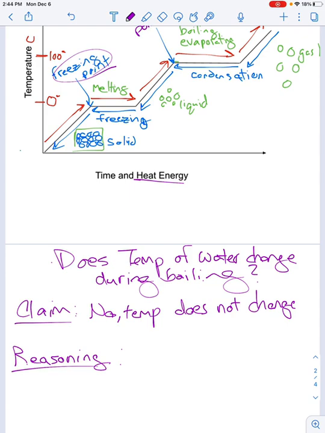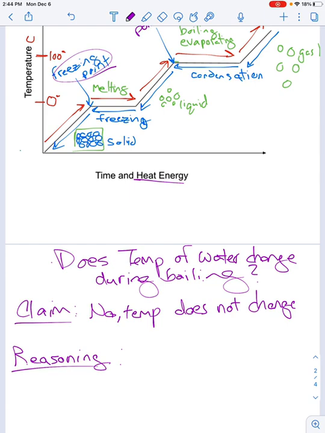And so the temperature will increase as the motion of the particles increases. But at this point where it starts melting, we have that phase change. That energy can only do one thing at a time. So instead of changing the temperature or changing the motion of the particles, it actually goes and focuses its effort on changing the relationship or the interactions between the particles. And that's what melting and boiling are.